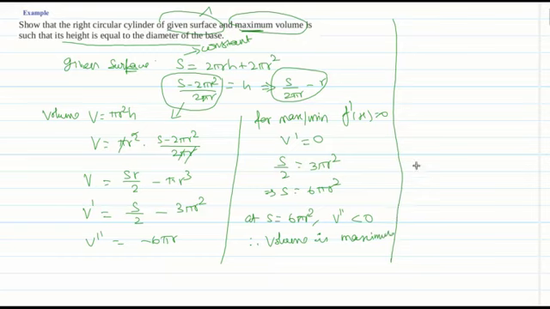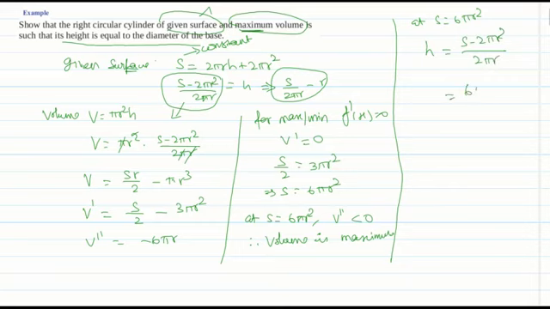Next, after proving the volume is maximum, here they are asking that its height is equal to the diameter of the base. So I am going to connect that. So at S is equal to 6 pi r square, I check h is equal to S minus 2 pi r square by 2 pi r.